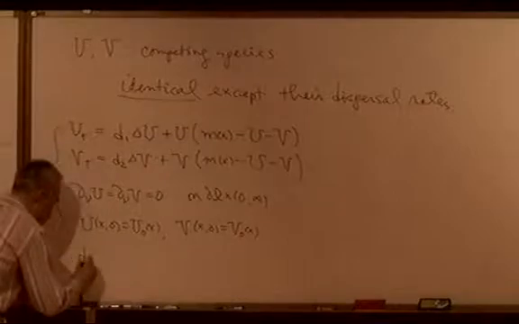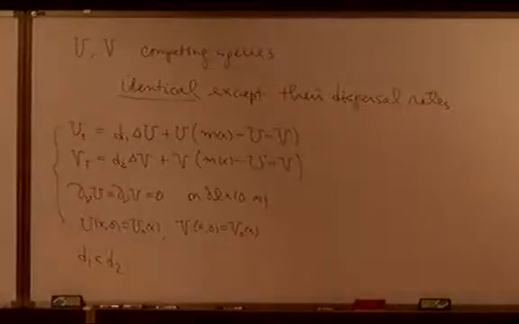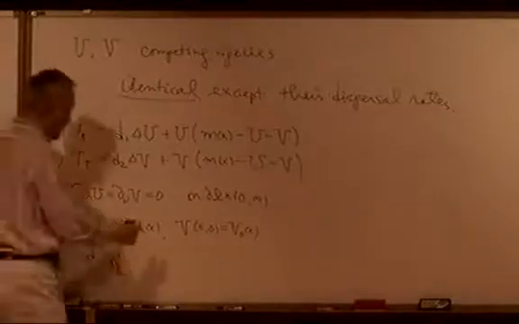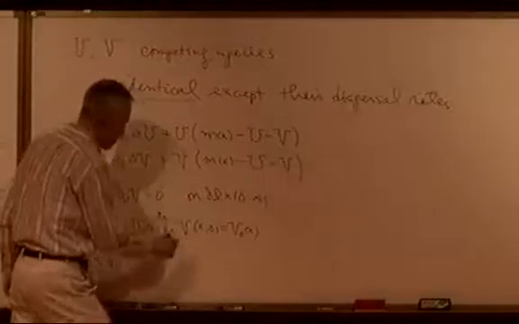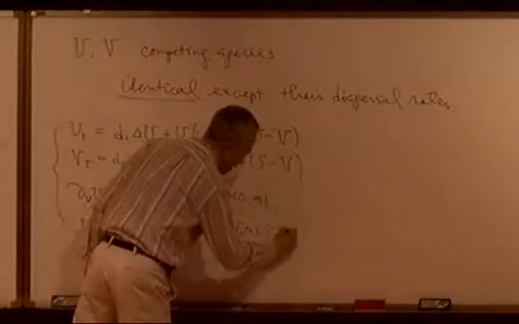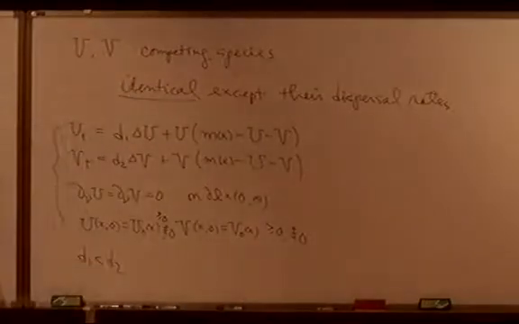And I have D1 is less than D2. Both the initial values are, of course, non-negative and not identically zero. Because if one of them is identically zero, there's nothing to do. The species stays zero all the time, of course.